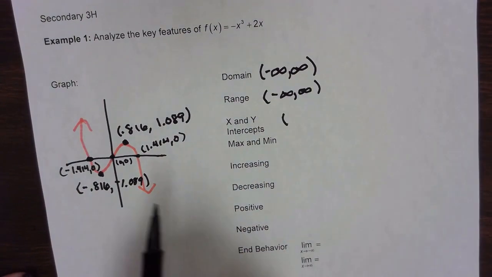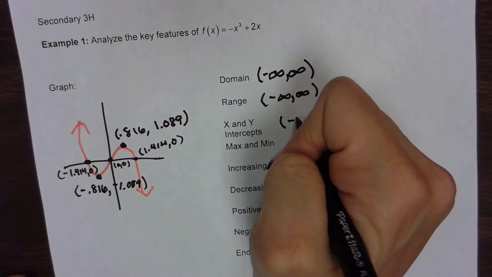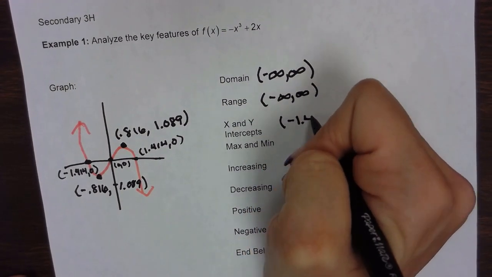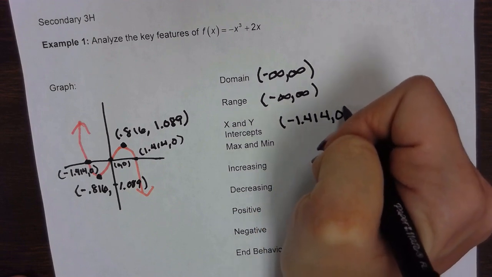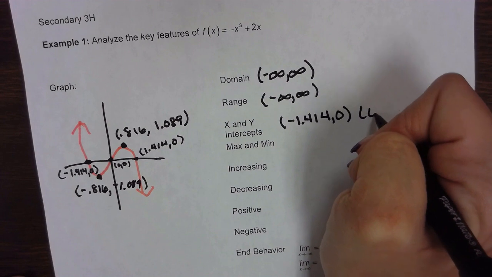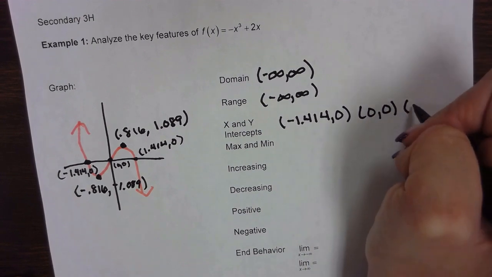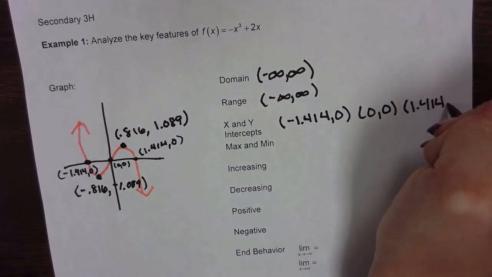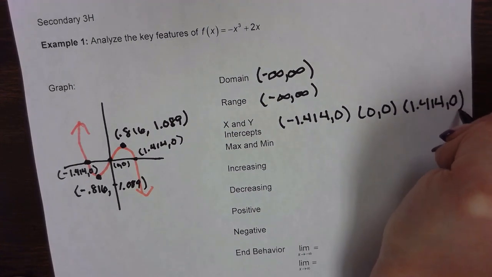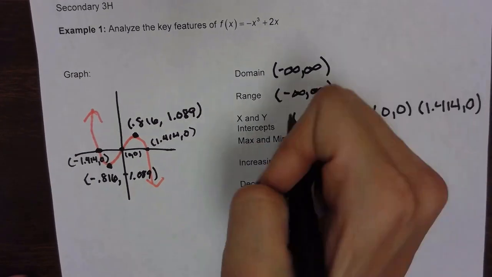So x-intercepts: if you look, how many times does it cross the x-axis? There are 3 of them, so make sure that you put all of them down. Now, because our x-intercept is 0, 0, it also means that that is our y-intercept. You can just put that once, guys, since I have this in the same category. Also, our max and our min.